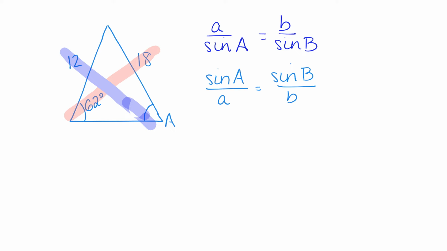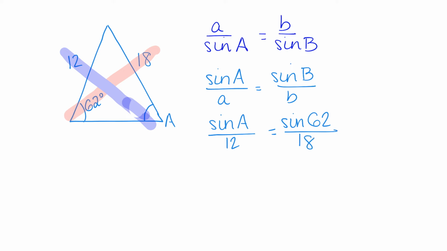So I'm going to turn this upside down, which is allowed as long as the sines are either both on top or both on the bottom. All right, so the sine of A, plugging in everything I know, over 12 equals the sine of B, which is 62, over 18.